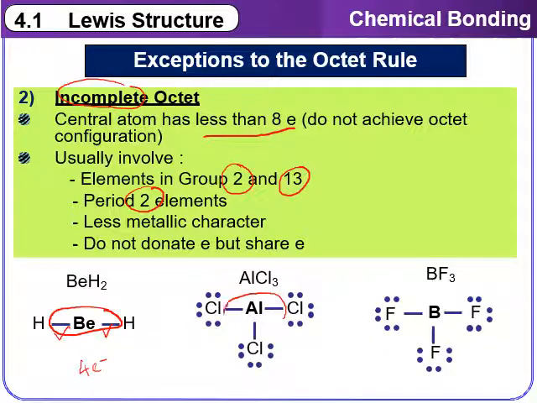Aluminium in this case 2, 4, 6, 6 electrons. Boron also 2, 4, 6, 6 electrons. The number of electrons surrounding the central atom is less than 8, so we consider it incomplete octet.